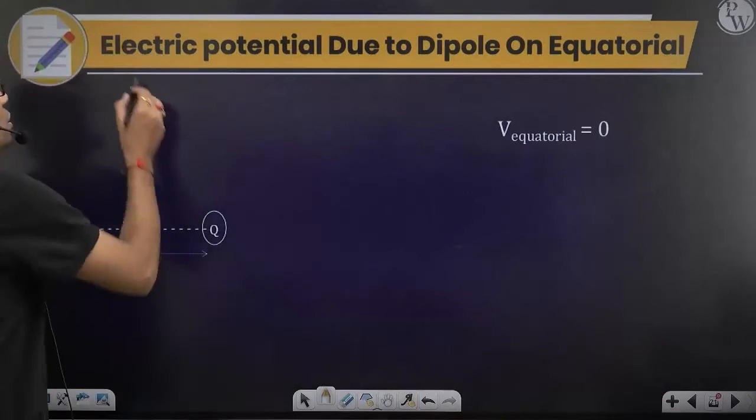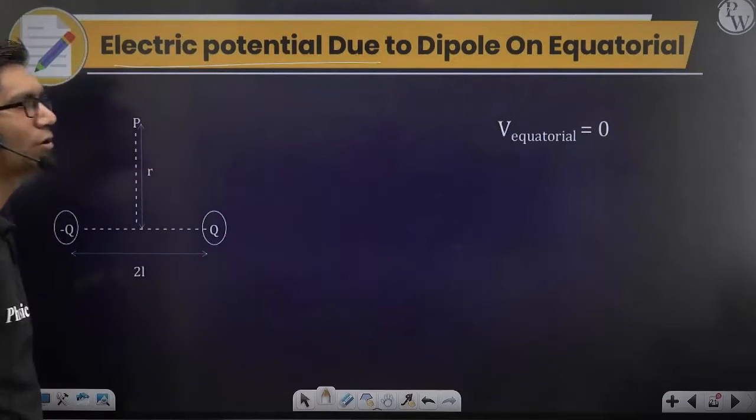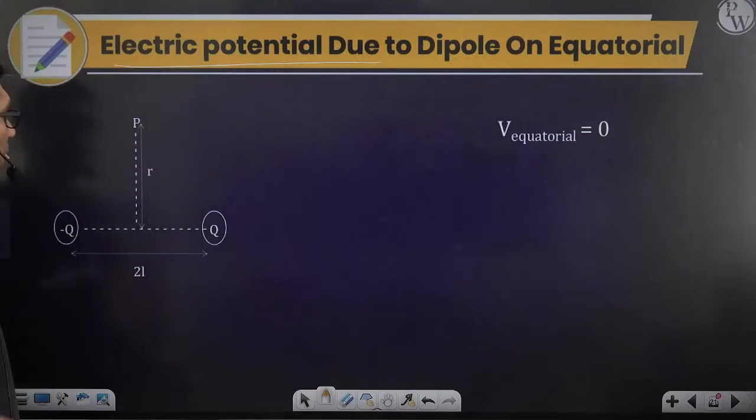Now, electric potential due to dipole on the equatorial line. Equatorial line is nothing but this one.